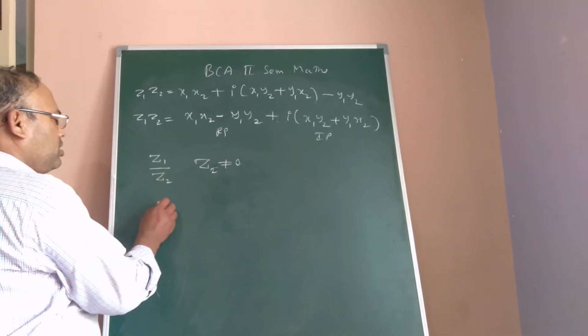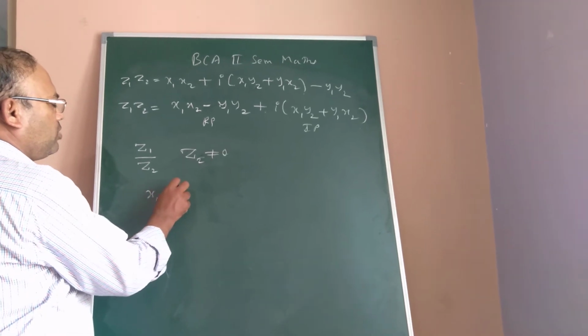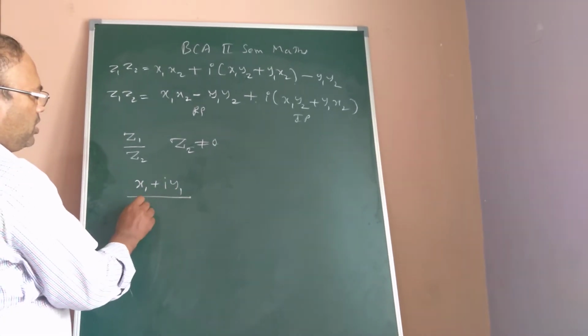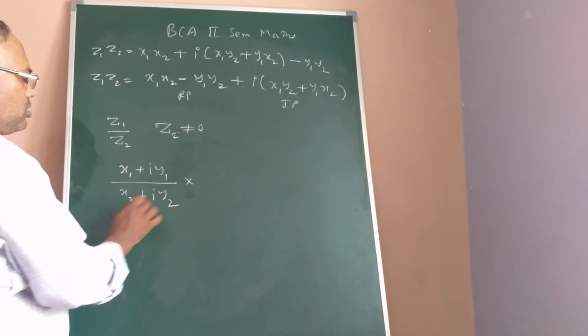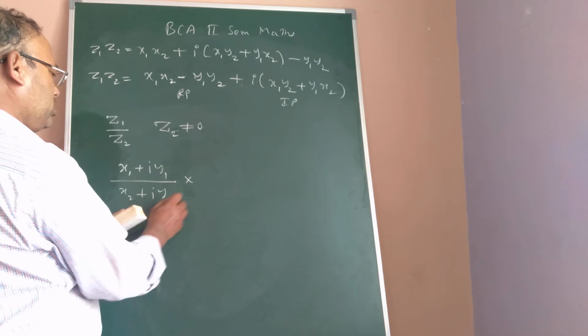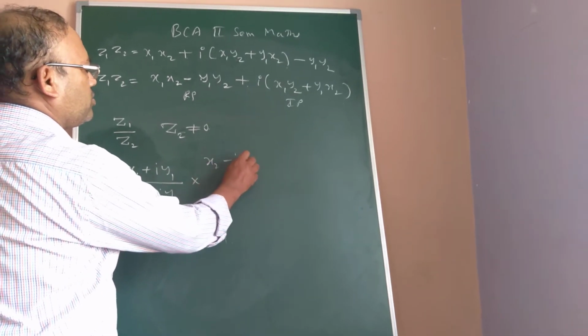That is, z1 is x1 plus iy1 divided by x2 plus iy2. The conjugate of this denominator is x2 minus iy2.